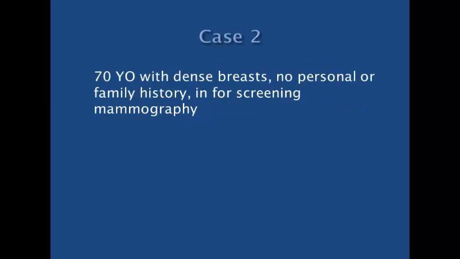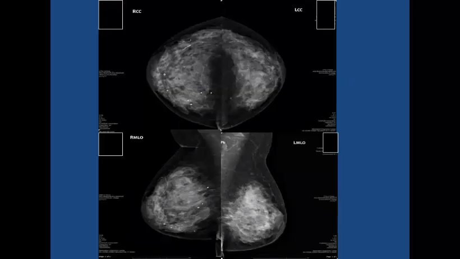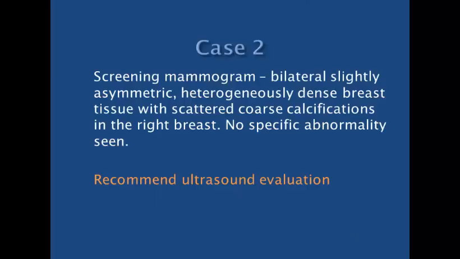A 70-year-old patient with dense breasts, no personal or family history, screening mammogram. The screening mammogram is bilaterally slightly asymmetric, heterogeneously dense breast tissue, with scattered coarse calcifications in the right breast. No specific abnormality was seen.